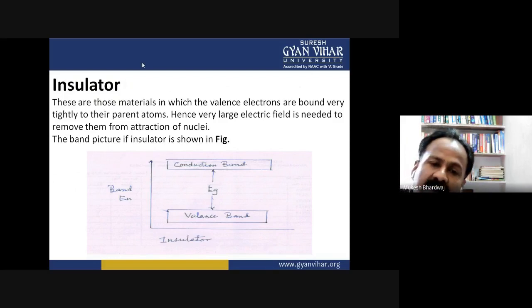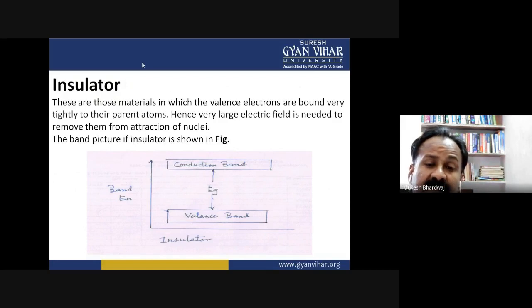So a very high amount of energy is required to move the electron from the valence band to the conduction band, because the forbidden energy gap is very high. So in their stable state, this much energy is not possible to give to the insulators.